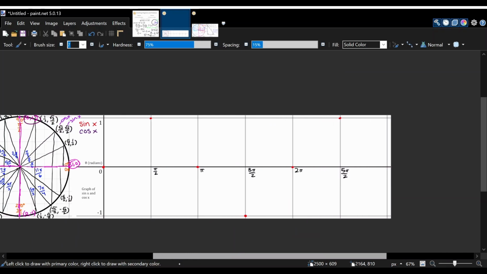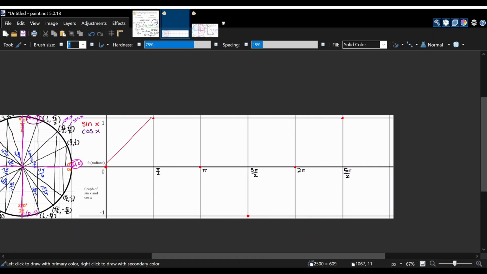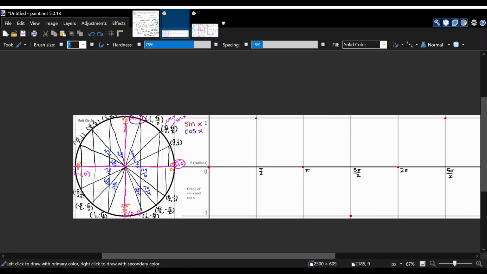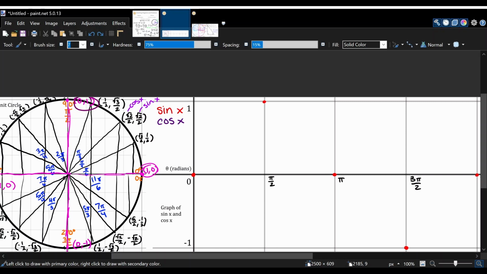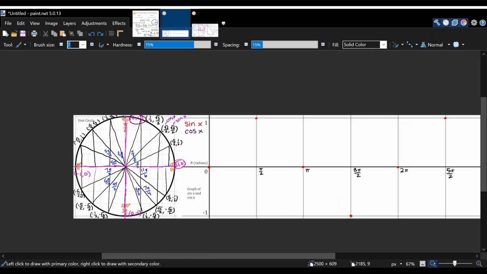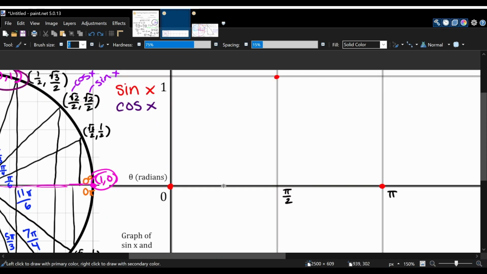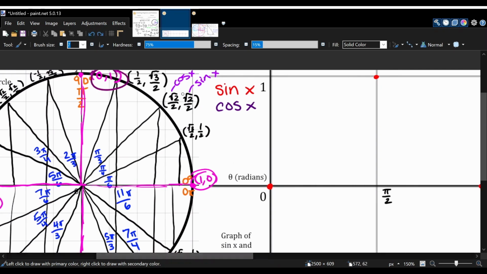So, just looking at this graph, it kind of looks like it has a zigzag shape. But let's just be sure, because if we test the point pi over 4, right in between, about right there, we're going to have square root 2 over 2.